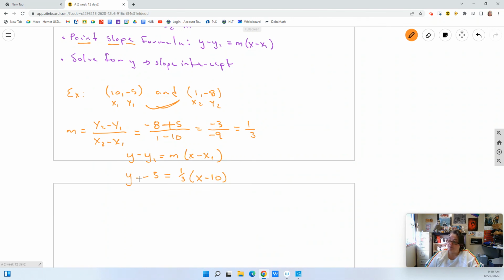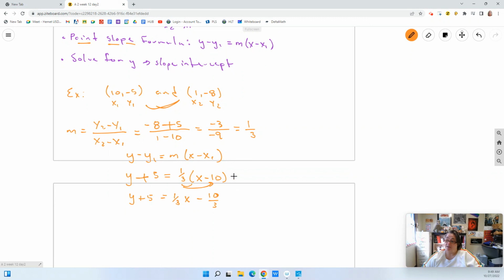And now we're just going to solve that out. This becomes a plus. I'm going to leave it alone for a second. y plus 5 equals, distribute, 1/3 x minus, well, 10 times 1/3 is just minus 10 over 3.